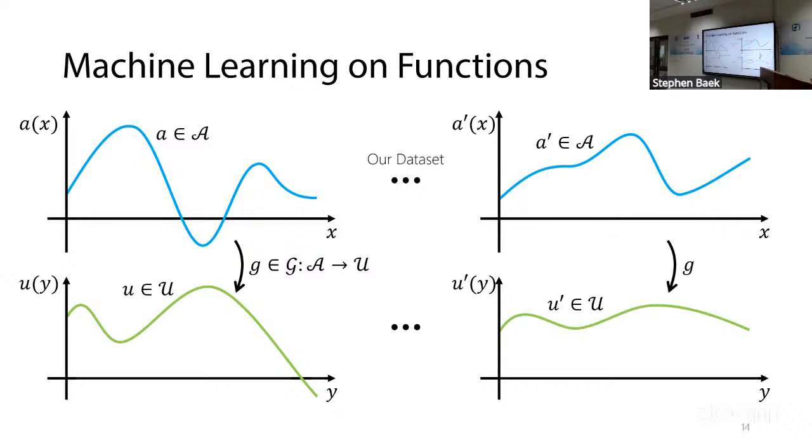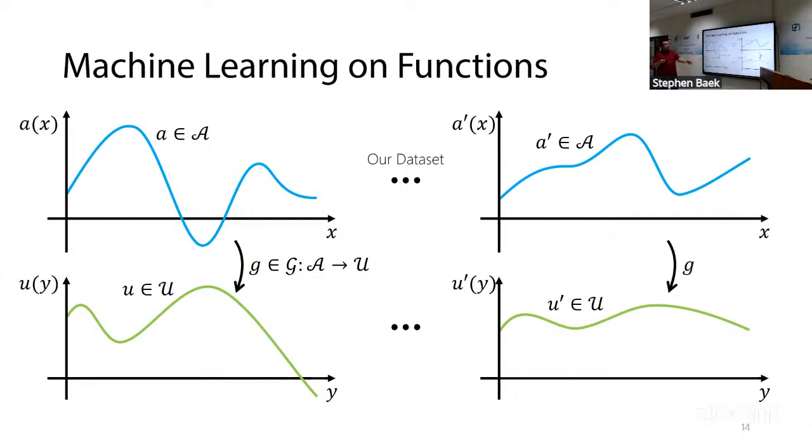So here's how they achieve that kind of continuous mapping. If we simplify the problem into one-dimensional functions, we have a one-dimensional domain X, and then we have a function defined. Here we're talking about something similar to the permeability, the Darcy flow problem, where we have the parameter defined as the blue curve, and from that blue curve, we want to be able to predict, say, pressure distribution, for example, which is the green curve.